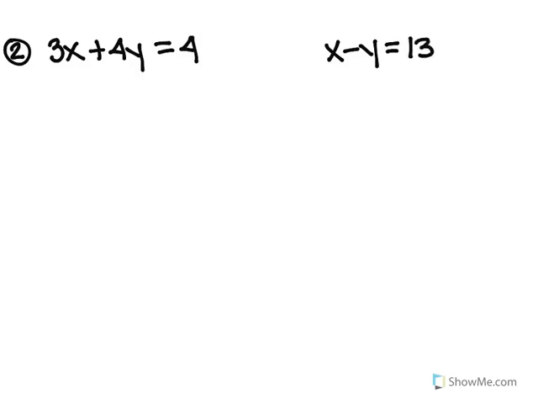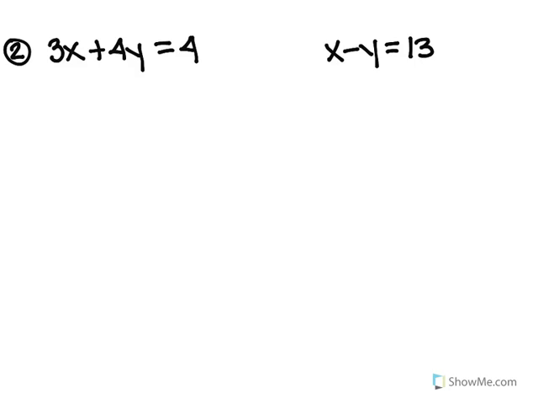Second example, 3x plus 4y equals 4. And then x minus y equals 13. And again, when I look at the two equations, the second equation is the smaller equation because the coefficients in front of x and y are 1s.